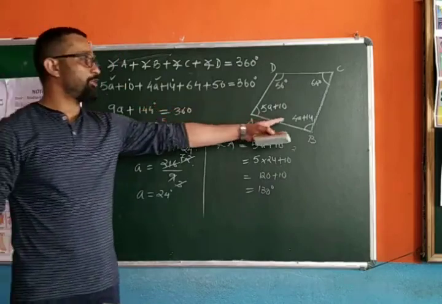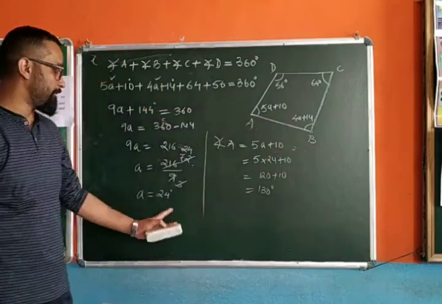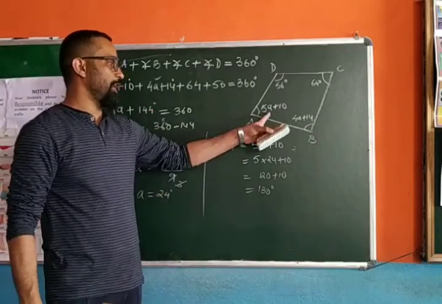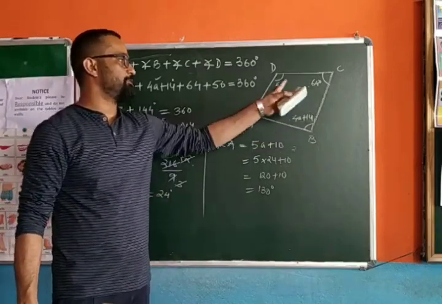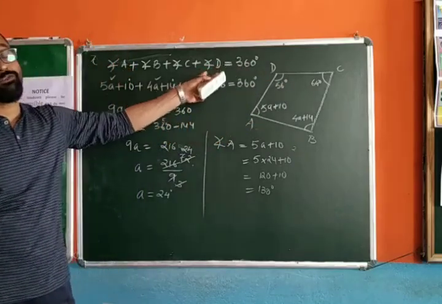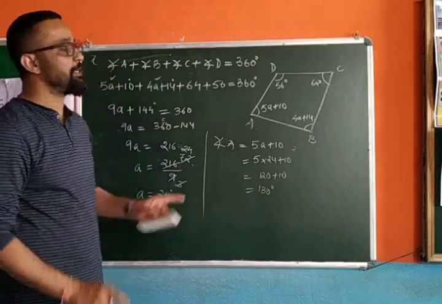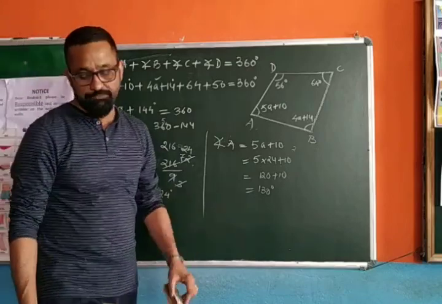You can calculate B also by substituting the value of A. So you have condition A is given, B is given, C is given, D is given. Use the sum of the angles of the quadrilateral equal to 360 degrees. Substitute and simplify it.